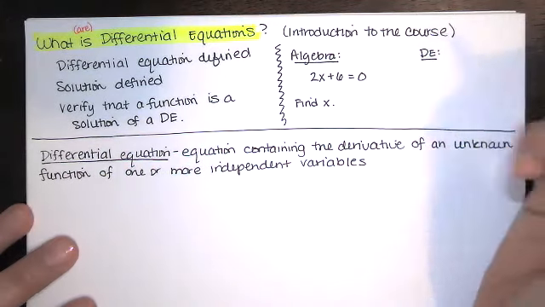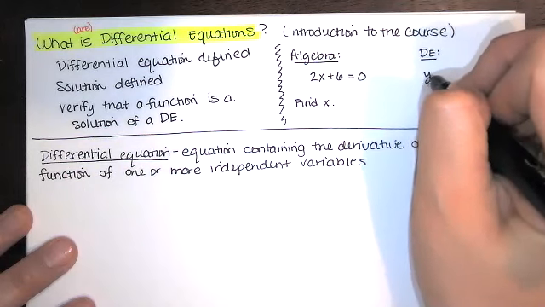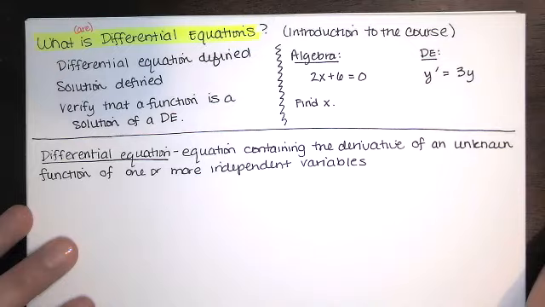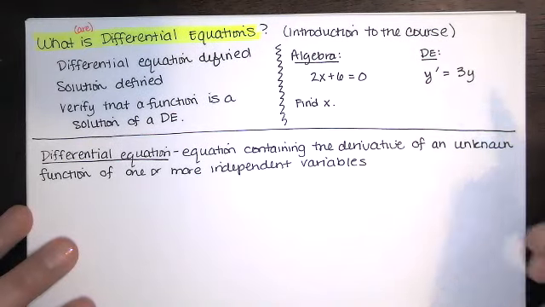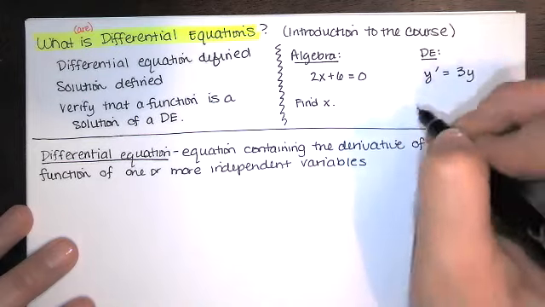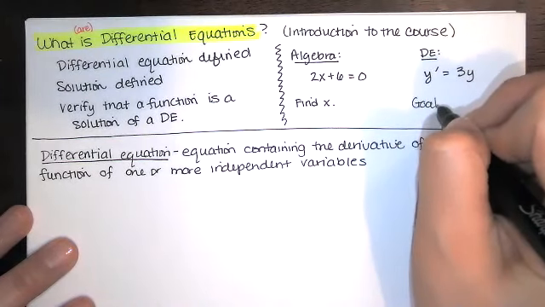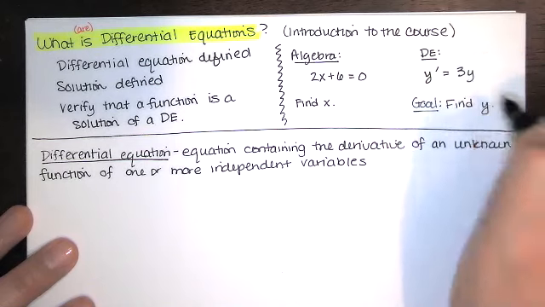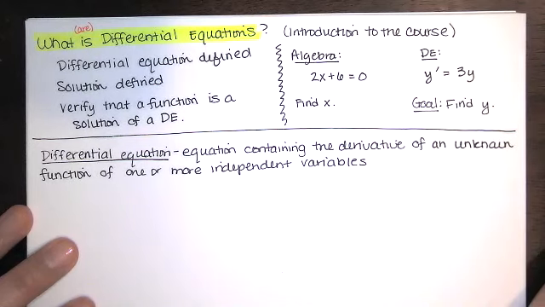So maybe your differential equation looks like this. Maybe you've got y prime equals 3y. Over here, your goal is to find x. And over here, your goal is just to find y. You're trying to find a function y of x that satisfies this differential equation.